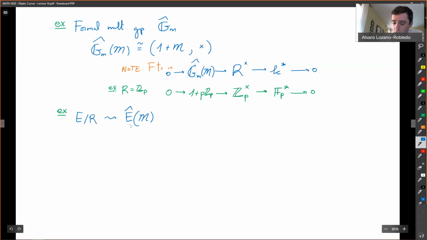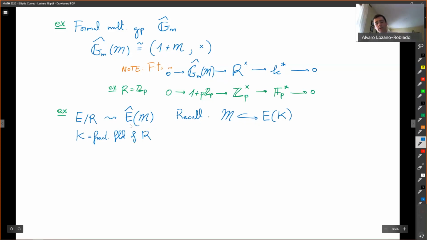Recall that we showed that M actually embeds in here, where K is the fraction field of R, right? So we do have that. So what this is actually saying is that in terms of the formal group, there is a homomorphism like that that goes in there.